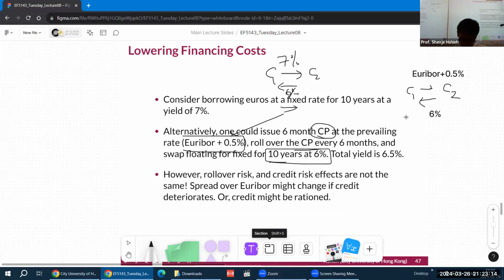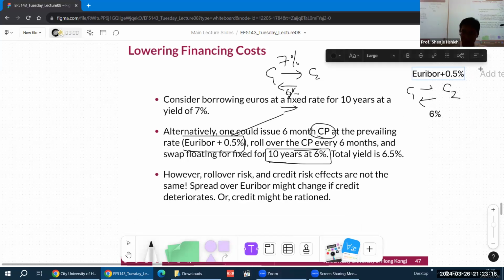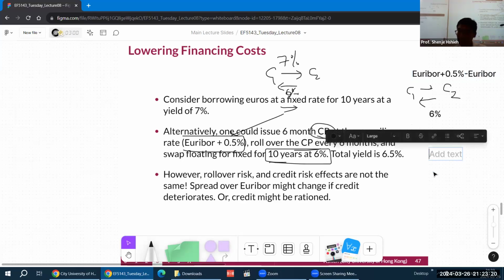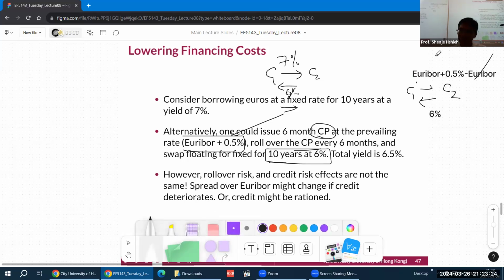Yeah, so the Euribor is canceled out because that's the swap agreement. But you are still paying off. So this is C3. Sorry, there's another counterparty. So you're still paying 6.5%.